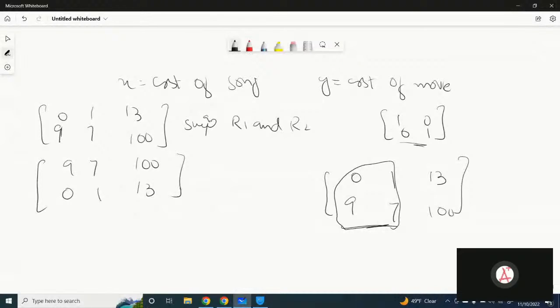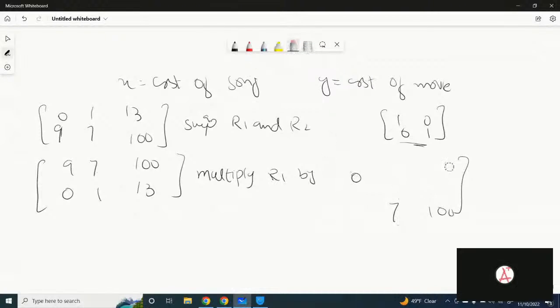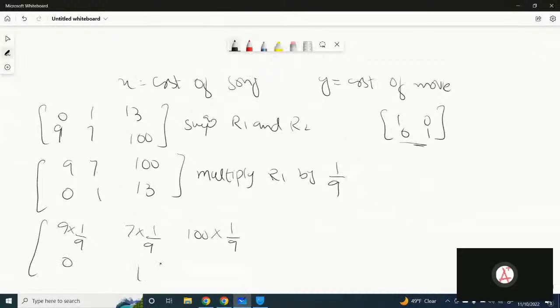Got it? Now we have to make 1 here and 0 here. So I'm going to divide row 1 by 9, which means multiply r1 by 1 over 9. So it would be 9 times 1 over 9, 7 times 1 over 9, 100 times 1 over 9, and 0, 1, and 13.